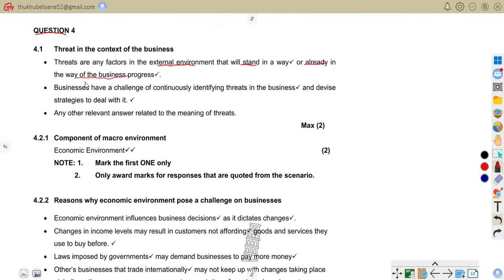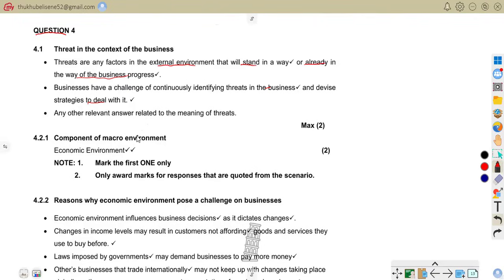For example, a new competitor opening nearby and attracting the business's customers. A business has the challenge of continuously identifying threats and devising strategies to deal with them. Any relevant answer related to the meaning of threats is acceptable.